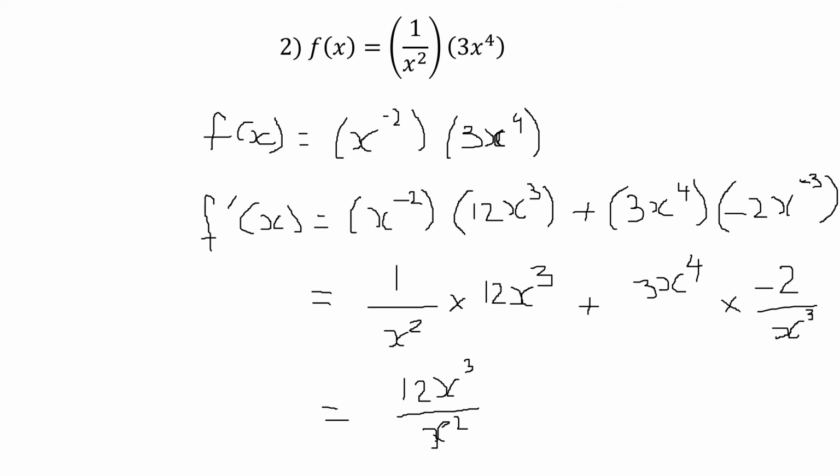So this is our x here, and this will be minus because of this negative 2. So it will be minus 6x to the fourth, all divided by x cubed.